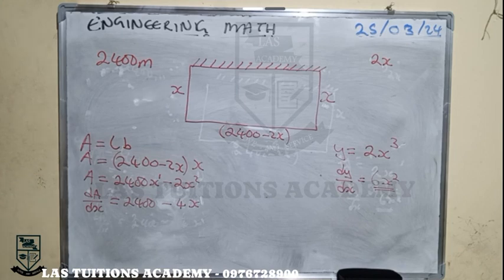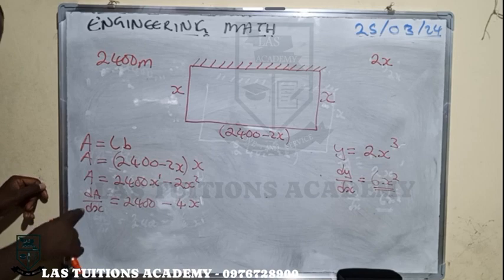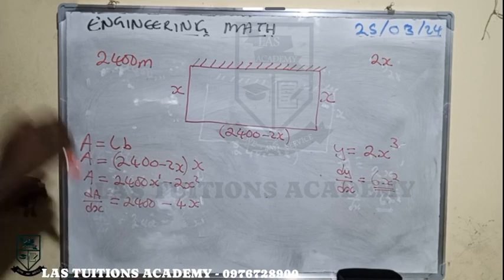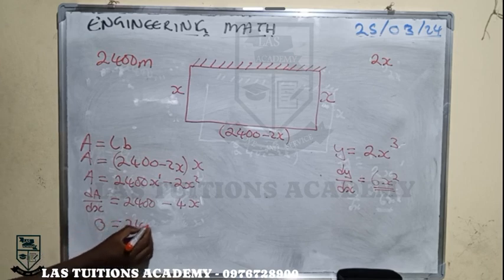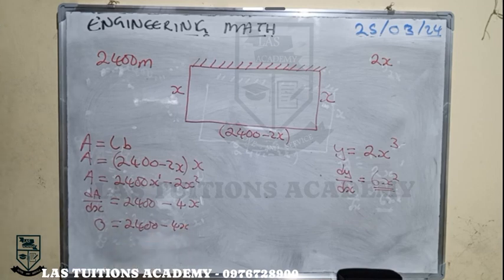Now, we are saying if you are finding the maximum area, then dA/dx is going to be 0 at the maximum area. So this is going to be 0 is equal to 2400 minus 4x. So this 4x can come the other side, so that we have 4x is equal to 2400.